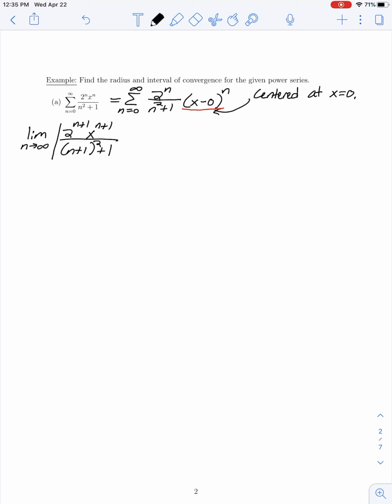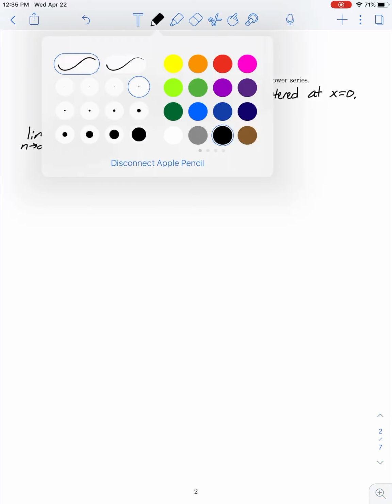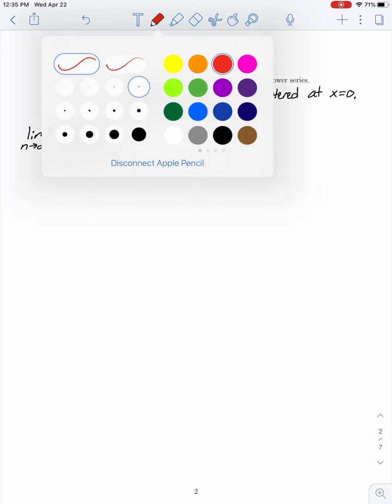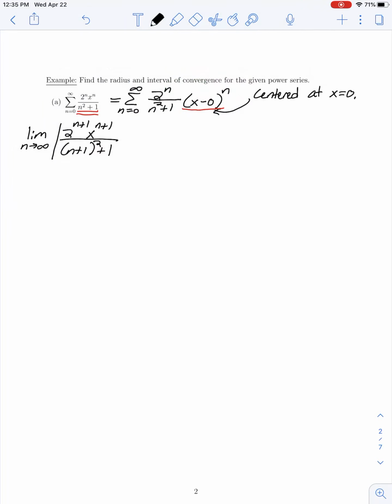And then we divide by the nth term of this series. But recall that the nth term is usually a fraction, so rather than dividing by that fraction, equivalently we could multiply by its reciprocal. That is n squared plus 1 over 2 to the n times x to the n.